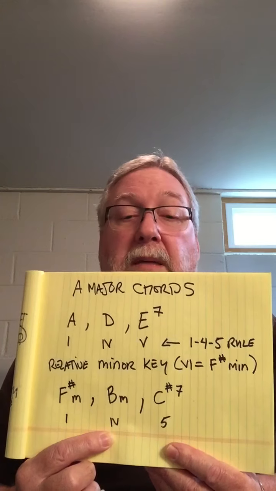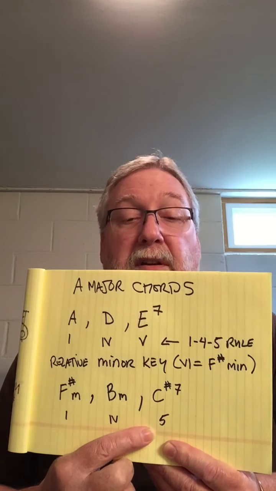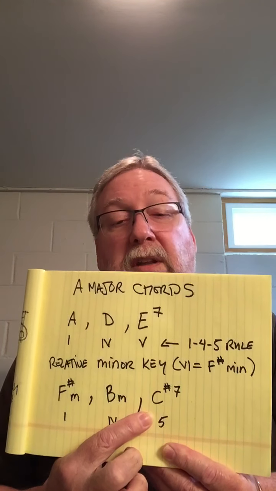The 4th note in that scale beginning on F sharp is going to be a B, so that chord would be B minor. And our 5th note corresponding to that note in the scale is going to be C sharp, and so that last chord would be a C sharp 7th chord.